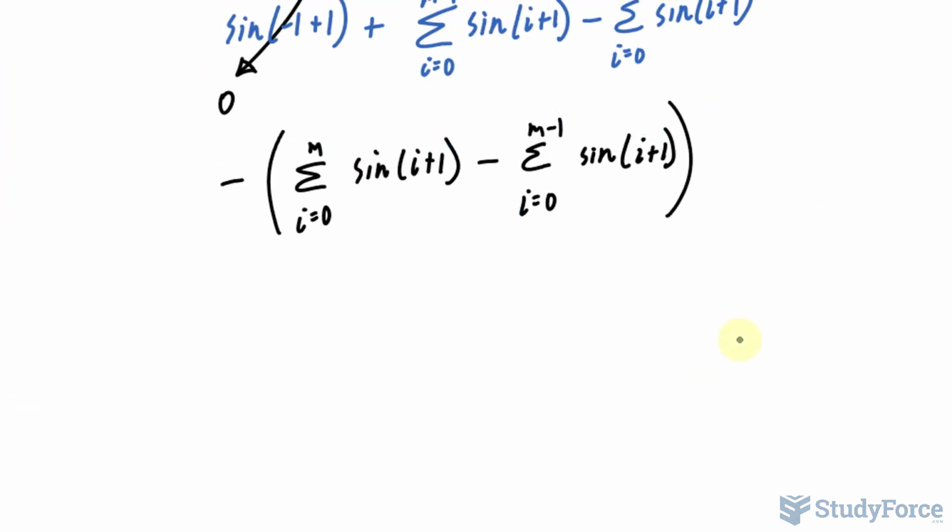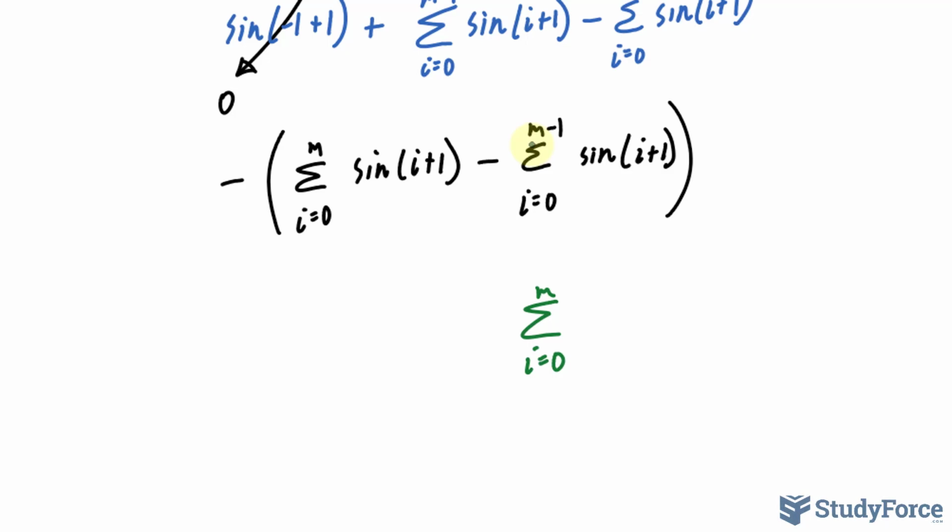The next thing that I want to do is make the upper bound of this sum match that of m. But how is that possible? How can we do that? Well, you have to approach it in a clever way. So let's go ahead and do that. Let's make it m and keep the lower bound the same. And remember that m minus 1 means the term before the last term.